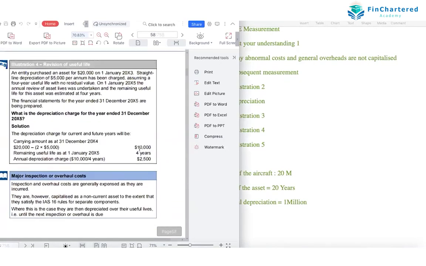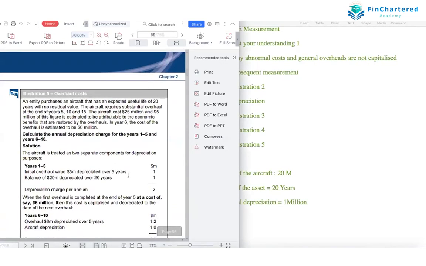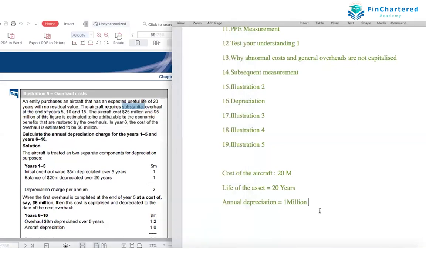So this 5 million is a major overhaul that needs to be done. It's a substantial overhaul. Substantial means major. Therefore, the overhaul also has to be capitalized, 5 million. Remember, out of 25 million, 5 million is related to the overhaul.